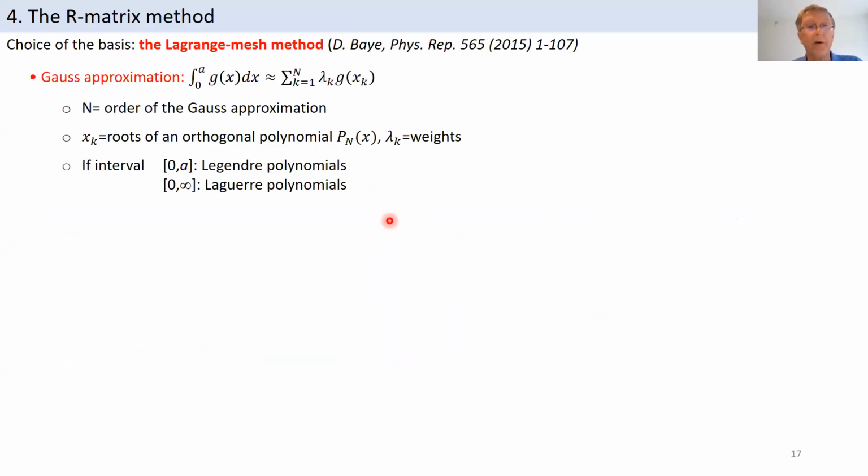So one word about the basis function. I use Lagrange functions, and this was reviewed by Daniel Baye in this reference. And this is based on the Gauss approximation of an integral. So you know that if you integrate a function from 0 to a, you can approximate it by this finite sum.